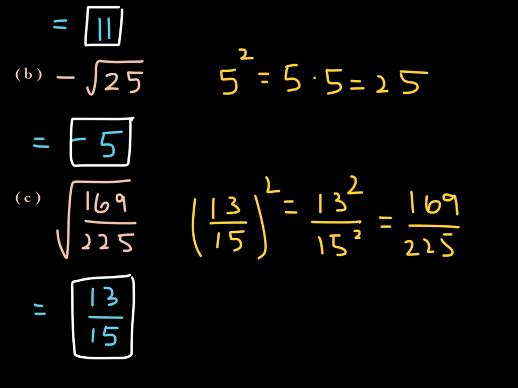So when I square this fraction, I get my radicand. Now, I do want to say something here. This was relatively easy for me to think of, what number squared gives me this fraction, because both 169 and 225 are called perfect squares, right?